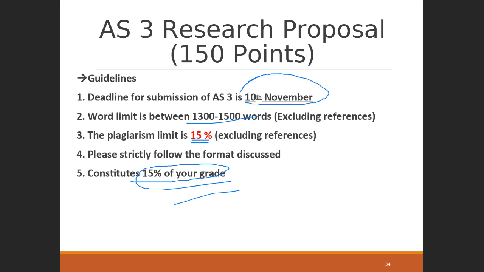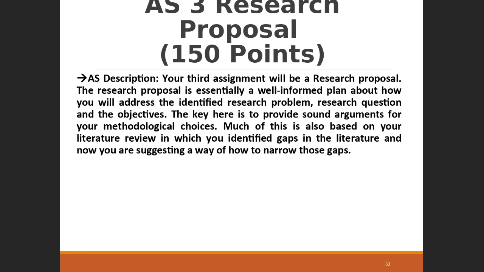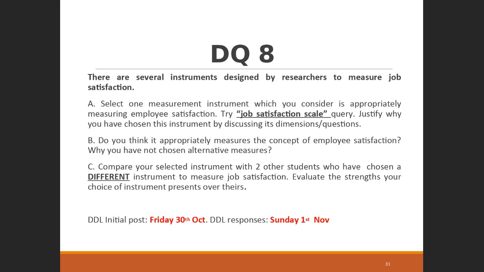Okay, we need 2 scales, right? Not really. You need to choose a single scale. You need to compare your scale with other students, those students who have chosen a different scale.